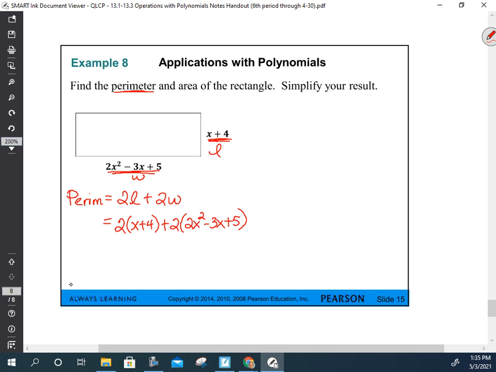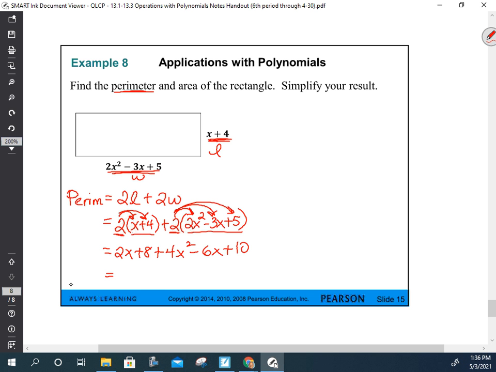The next part is to distribute. This 2 goes to the first parentheses. This 2 goes to the second parentheses. And you combine your like terms.